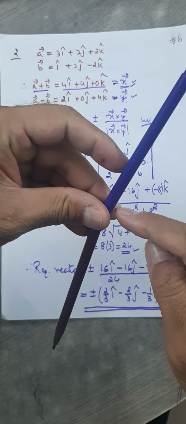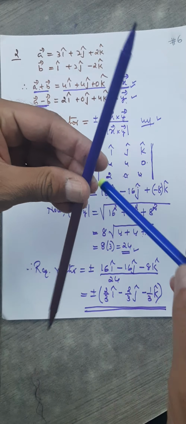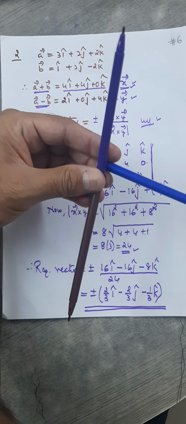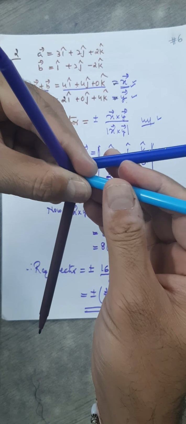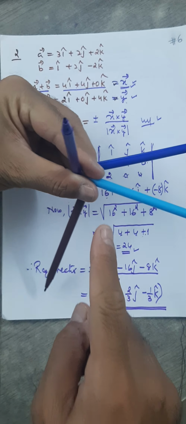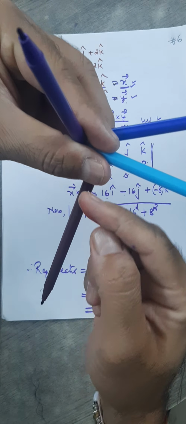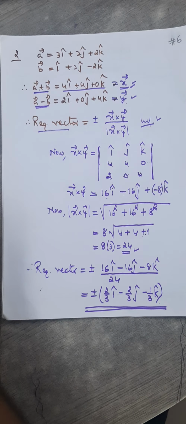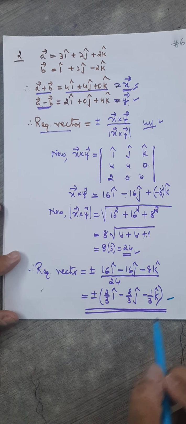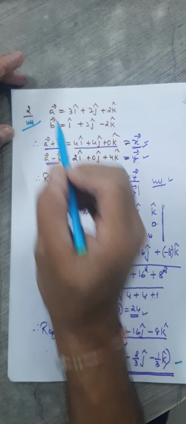This is x bar cross y bar, which is perpendicular to these two vectors, like this, if I show you, right? If I have these two vectors, then this will be perpendicular to both, that is their cross product, and in the opposite direction, so your minus, as I mentioned. Okay, so this is the required vector. It's a good question. Let me write the important one here.